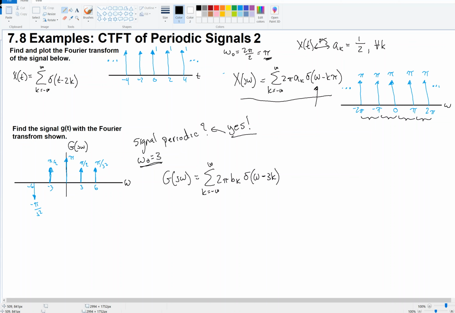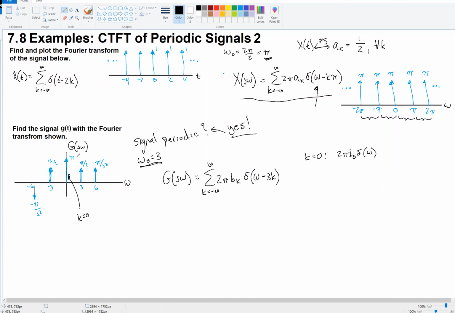So now, to understand this thing, let's first consider the k equals 0 case. Because this is a sum of many different k values, actually infinitely many. But let's just look at the k equals 0 term. Then I would have 2 pi times b0 times an unshifted impulse. Well, here's the unshifted impulse right here. So that corresponds to k equals 0.